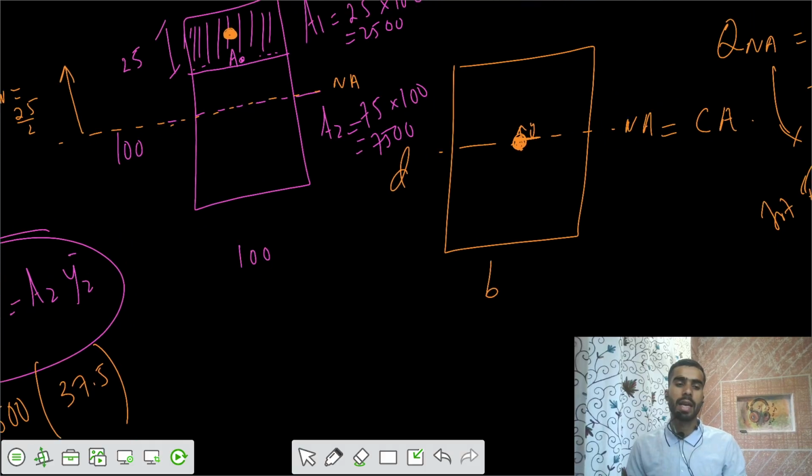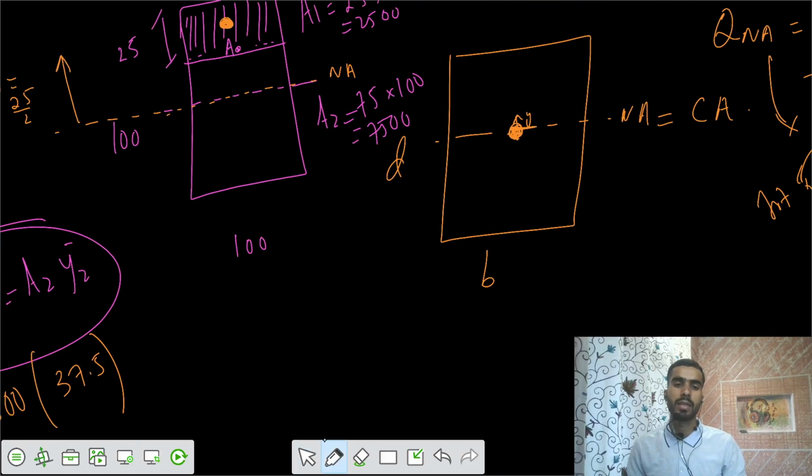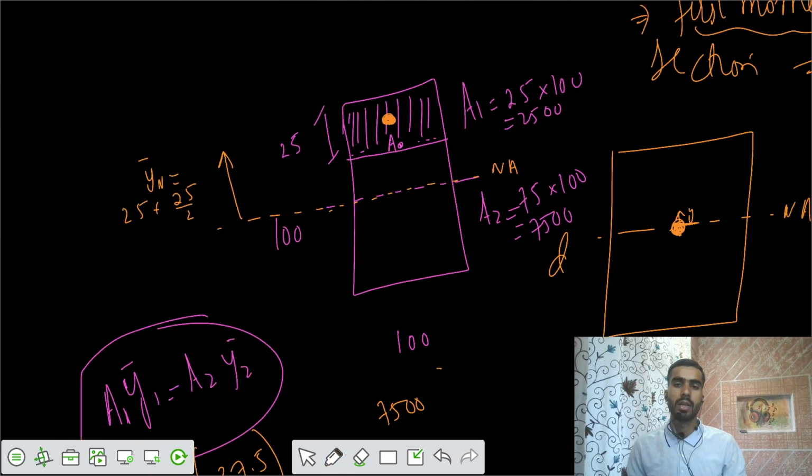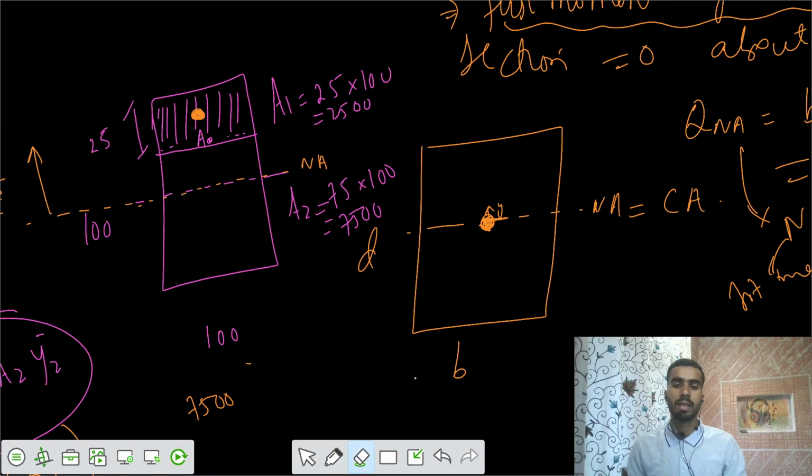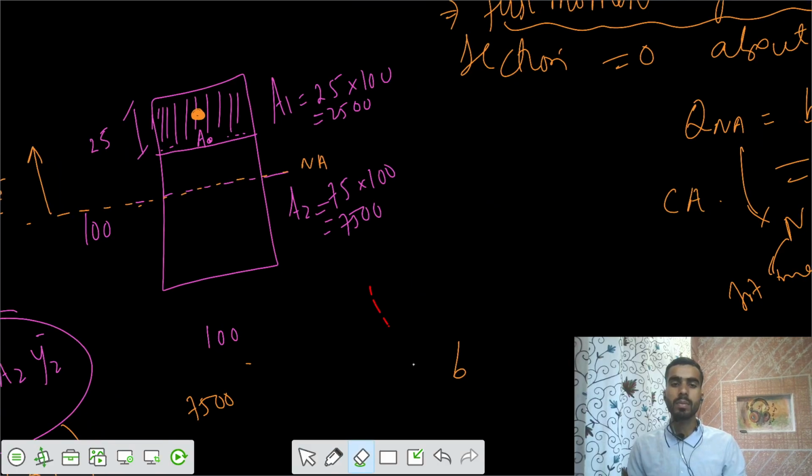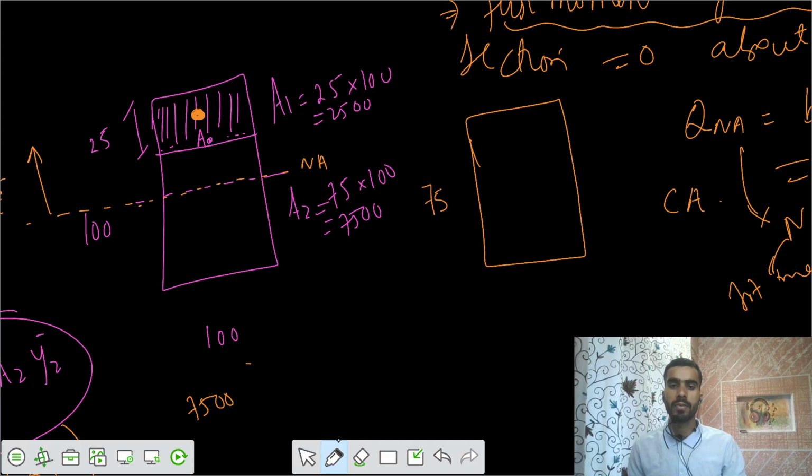Now what is area 2? We have area 2 that is 7500, but let's take that separately. We have this area of total depth 75, and the neutral axis is at a distance of 25, and the width is total 100.